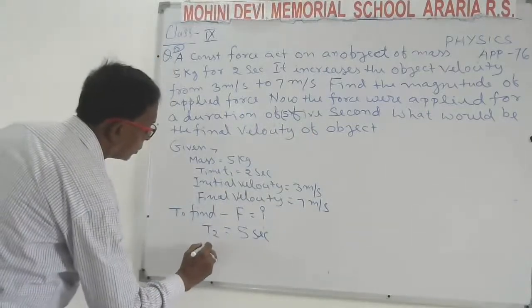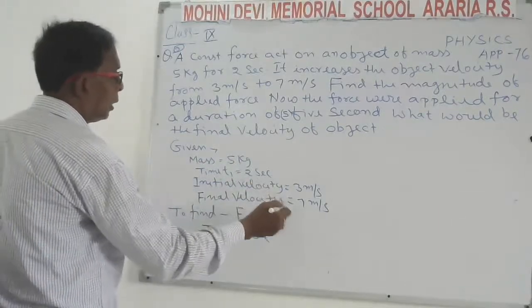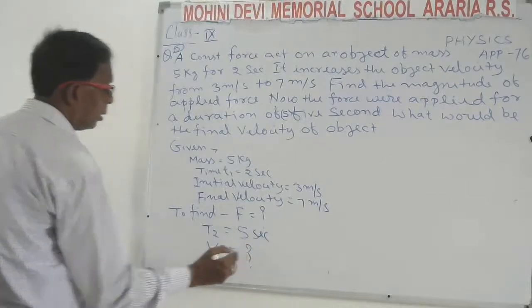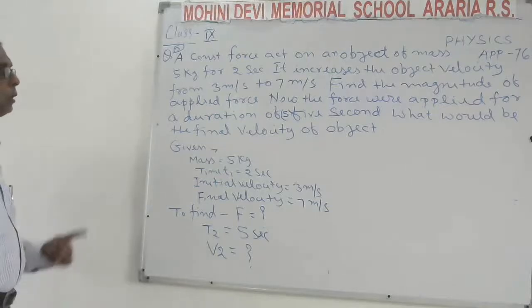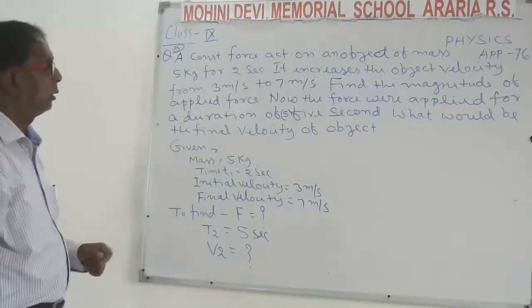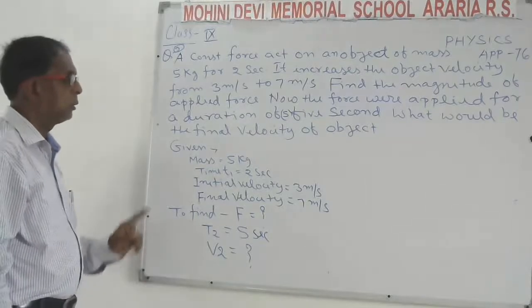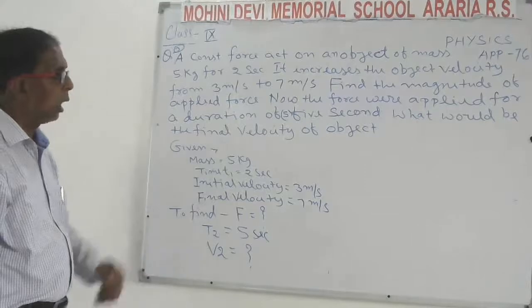Then the final velocity, here initial and final U1 and V1, then V2 is what? See, mass is given, time is given, initial velocity is given, final velocity is given.